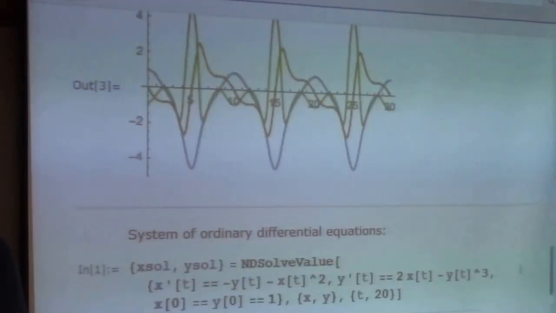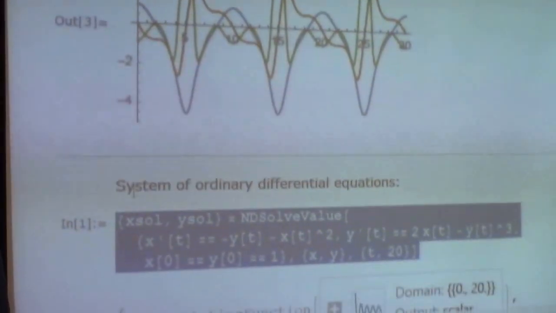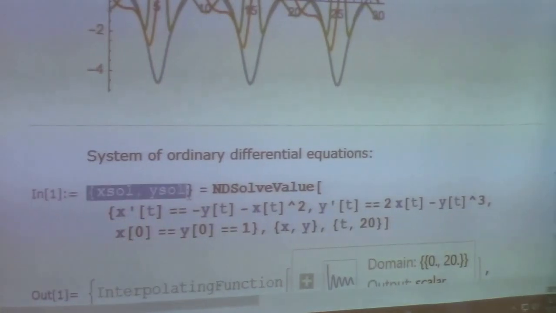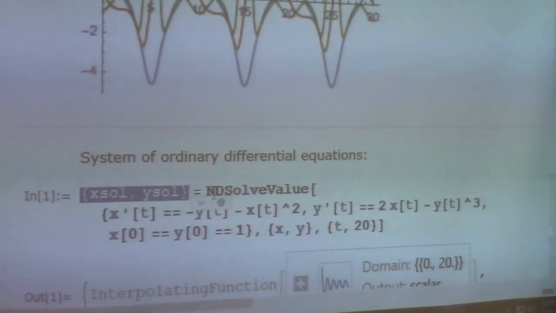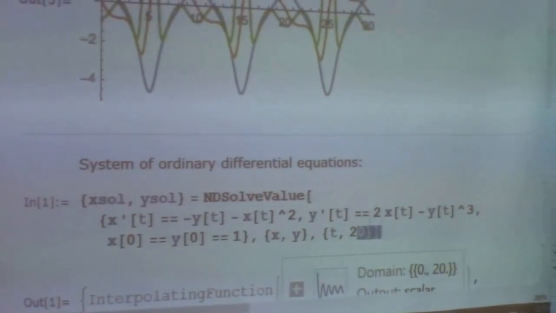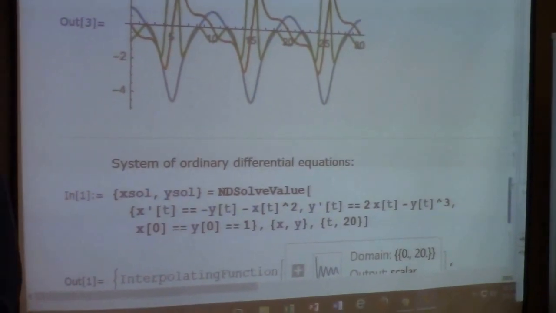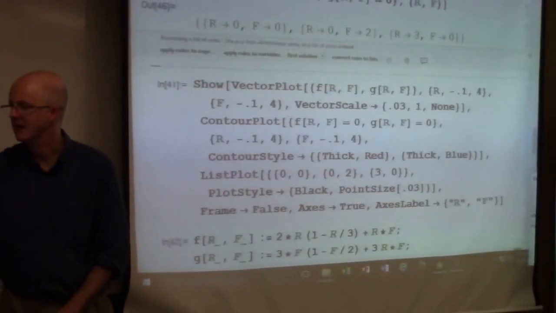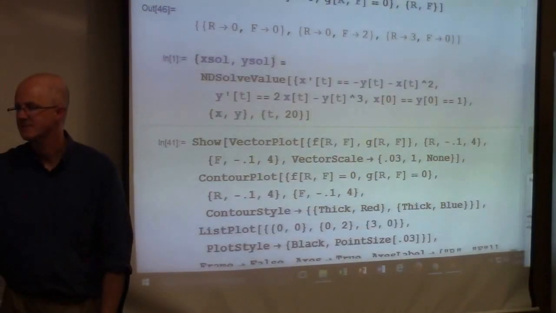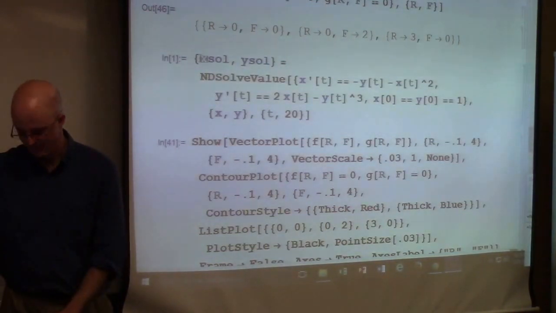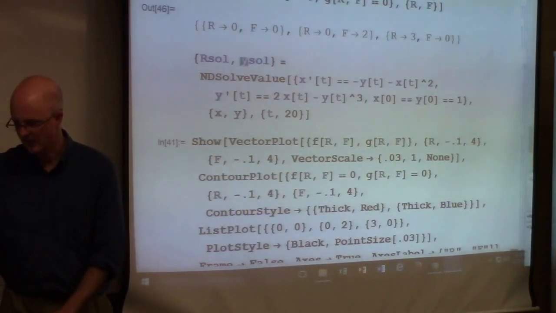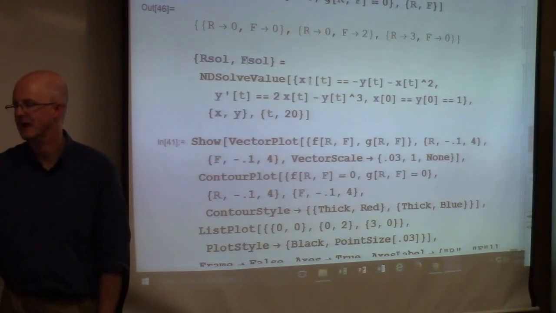This particular bit of code is for a system and getting a parametric curve as your solution. Let me just copy and paste this code and make appropriate modifications. Instead of X solution, I probably want to call it R solution. Instead of Y, probably F solution for rabbits and foxes.